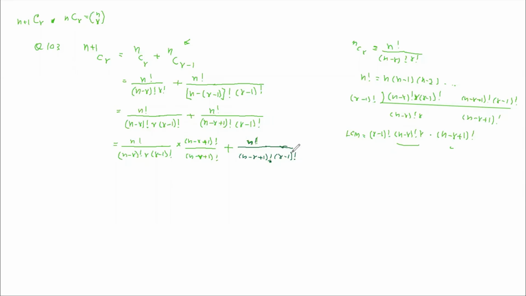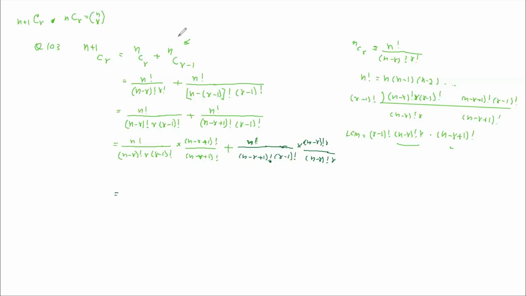Now I times this one, top and the bottom, so we won't change the value. n minus r factorial times r over n minus r factorial times r. Okay, so from this we have the denominator, the LCM, the bottom are the same, right?